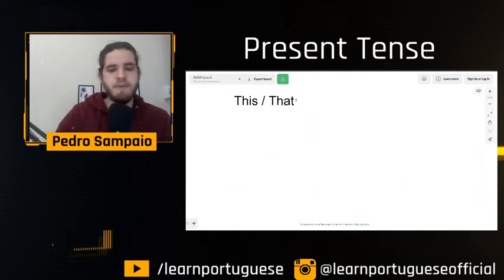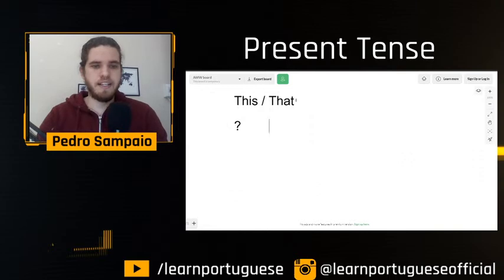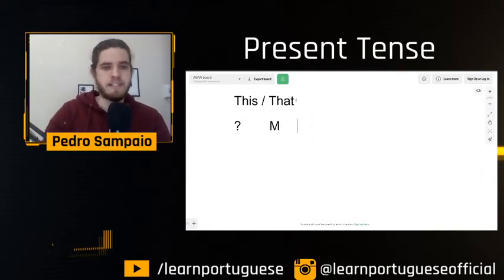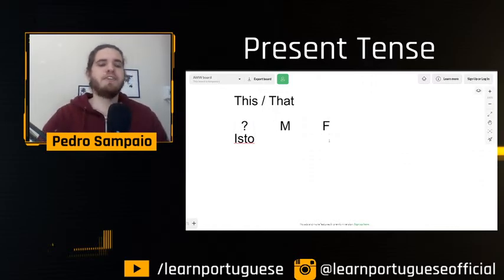So I'm going to separate them into 3 categories. The first one is a question mark. The second one M for masculine, and the third one is F for feminine. Okay, the first one is isto for the questions. And I put it under the question mark because isto is generally used for questions.